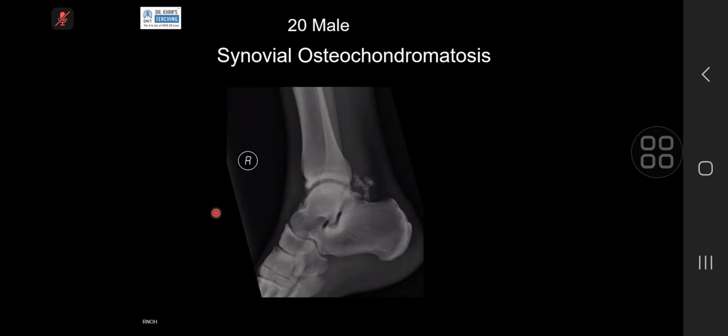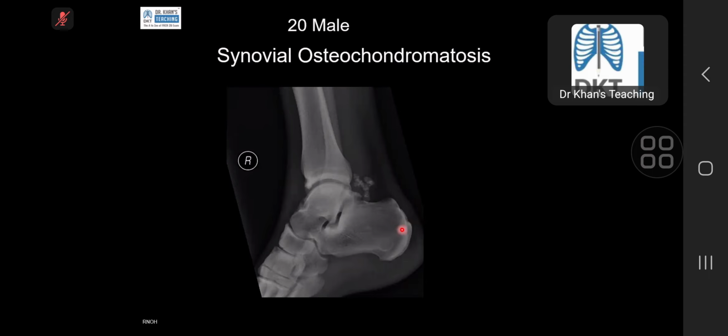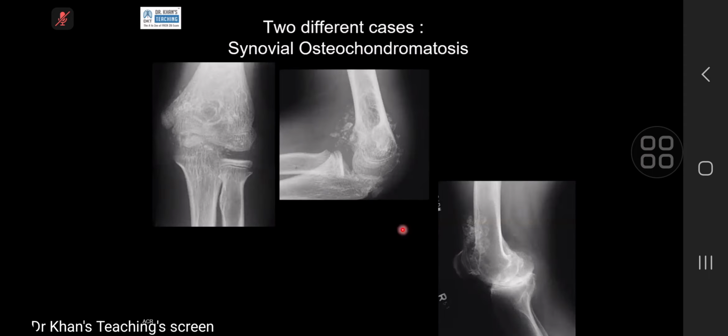So when you describe it, this should be part of your pertinent negatives or positives. Look at this patient. This is ankle osteochondromatosis. You can see that now OA of the ankle joint has developed. The patient is only 20 years old. These are other examples, two different patients. This is in the elbow and this is in the knee joint.